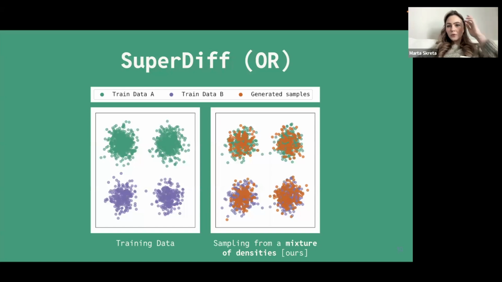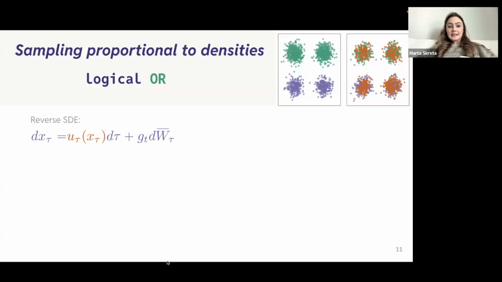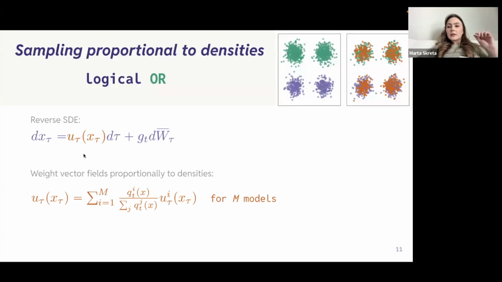Okay, so now how do we implement the logical OR operator for SuperDiff? So the logical OR is where we want to sample from a mixture of densities. So the way that we do that is given our reverse SDE. So here we're propagating a particle according to this vector field. In order to sample from a mixture, we can weight the vector fields proportionally to the density of the models at any given time step.